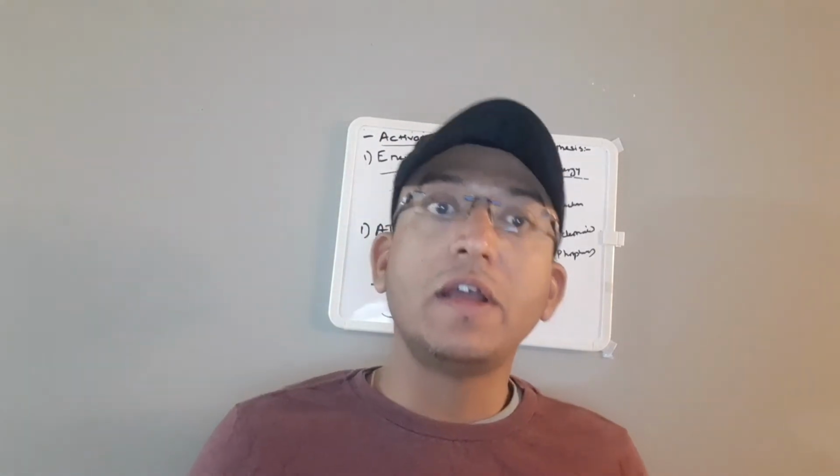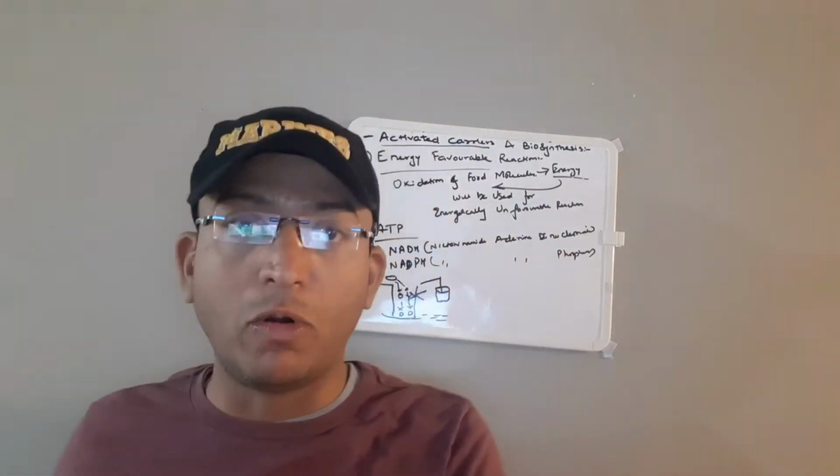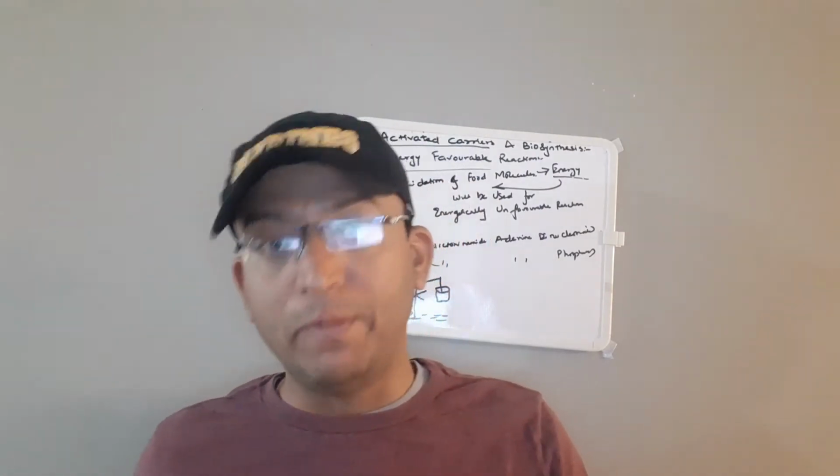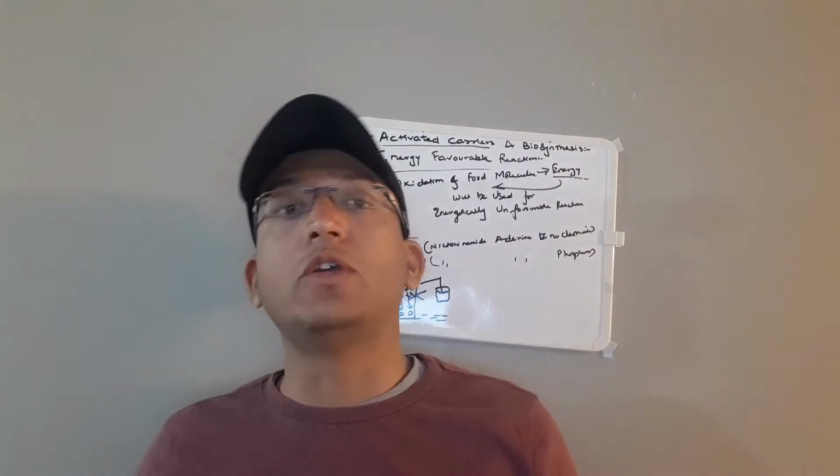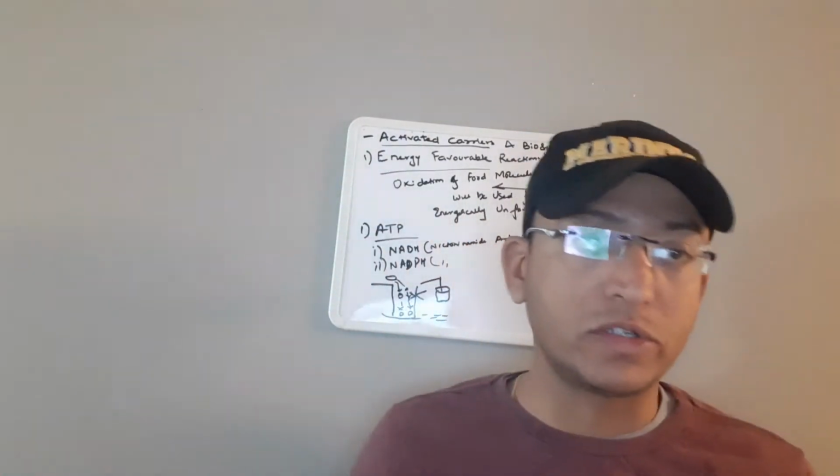As a result, the amount of heat released by the oxidation reaction is reduced by exactly the amount of energy stored in the energy-rich covalent bonds of the activated carriers. That saved energy can be used to power chemical reactions elsewhere in the cell. So this is how it works.